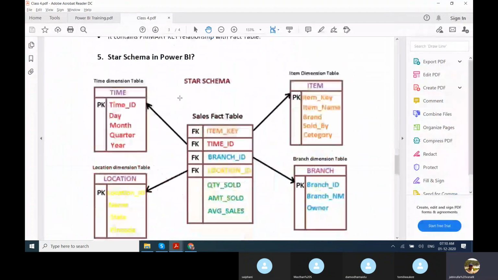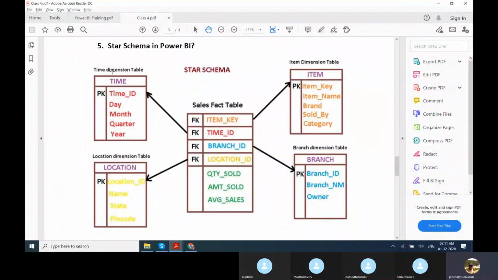Okay, a star schema contains a fact table, one or more fact tables, and surrounding dimension tables. Very simple point.